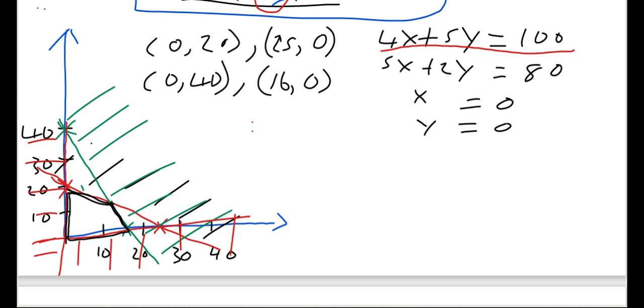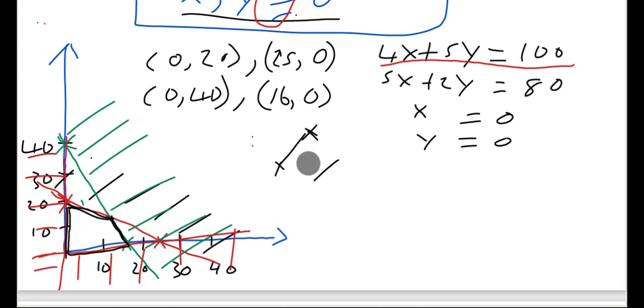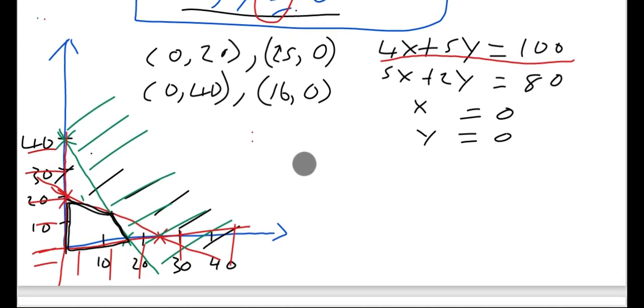So now if you want to get the point that will maximize our objective function, how do we get that? We get it in the vertices. What are vertices? If you have a triangle like this, this is a vertex, this is a vertex, this is a vertex. So we get the vertices. Those are the ones that we're interested in. So one of the vertices here is the point that we need.